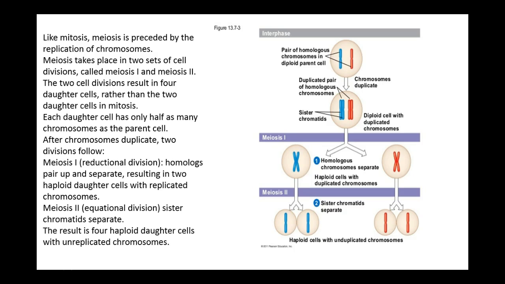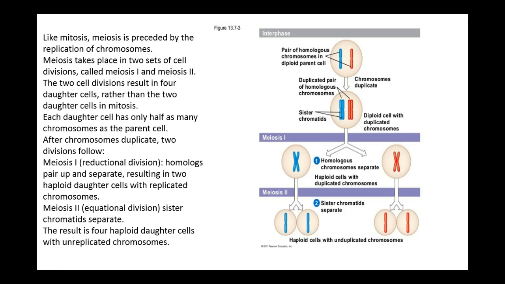of those 23. And so what you see over here, something that we're familiar with, interphase, that's where the chromosomes are going to replicate. Meiosis 1, you still have homologs, but the homologous chromosomes separate, and now you have duplicated chromosomes. So it's a haploid cell, duplicated chromosomes, and then meiosis 2, you have those sister chromatids separating.